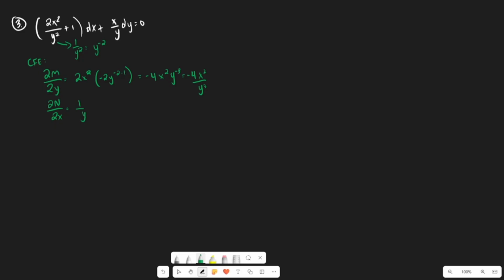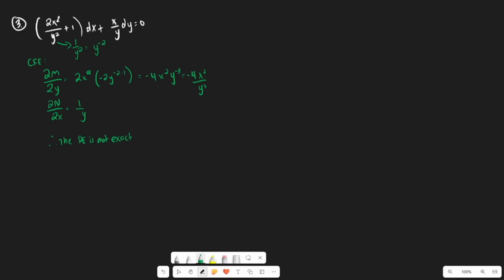Now they are not equal, so the DE is not exact. So now that we know that the DE is not exact, let's pick one of the 3 different cases, case 1, case 2, and case 3, to solve for the integrating factor.